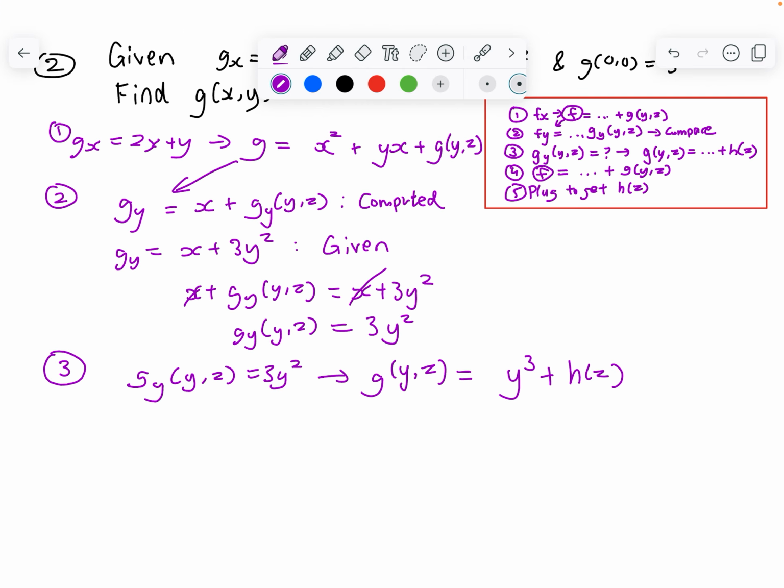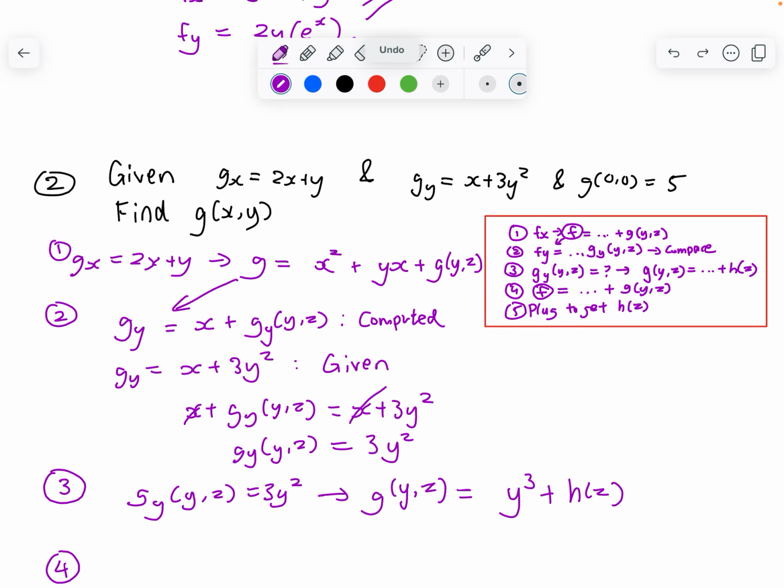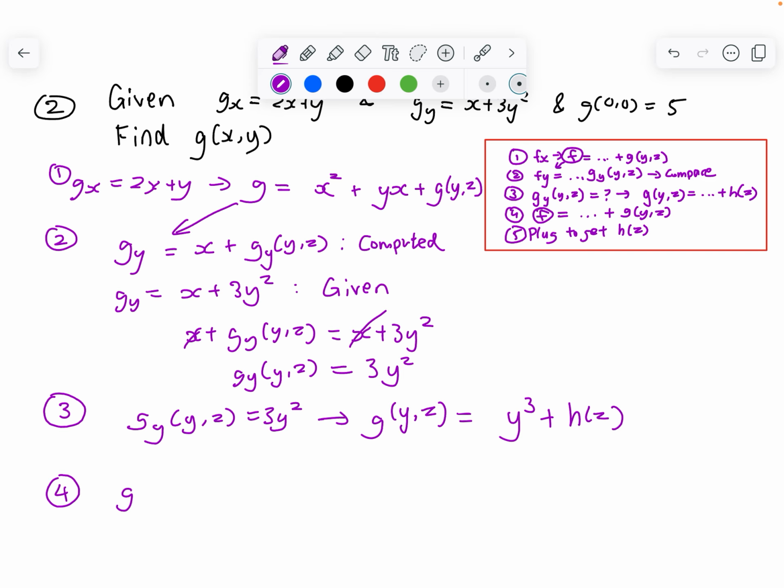And for our close-to-final step, we write back the general equation because we're trying to find what g of xy is. We have computed that, but we weren't finished with it. So we can copy that down: x squared plus yx plus g of yz.